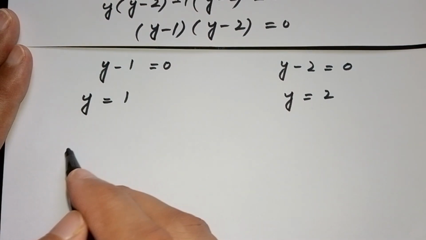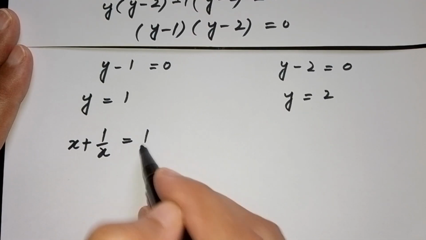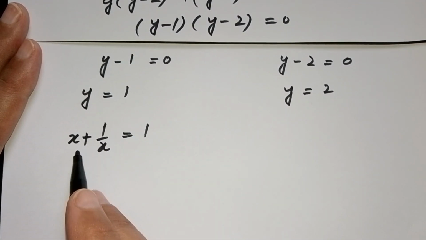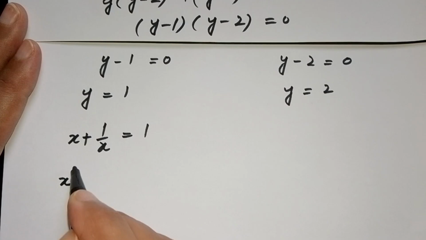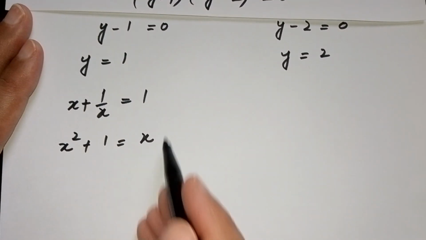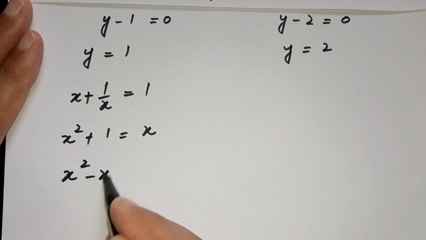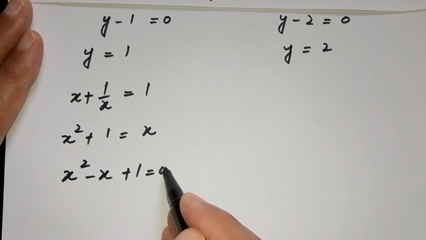Now recall the substitution. We have y is equal to x plus 1 over x is equal to 1. Multiply x on both sides, we will get x^2 plus 1 is equal to x. Bring x to this side, we will get x^2 minus x plus 1 is equal to 0.